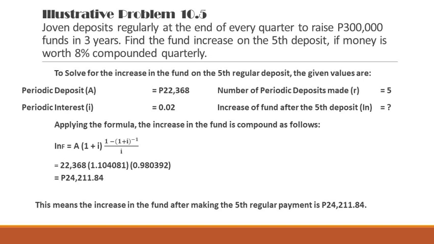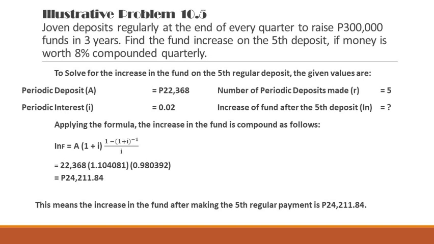Applying the formula, the increase in the fund is computed as follows. The increase of the fund after the fifth deposit, IN, is equal to the periodic deposit A multiplied by the quantity 1 plus the periodic interest, multiplied by the quantity 1 minus 1 plus the periodic interest raised to the power of negative R, over the periodic interest.